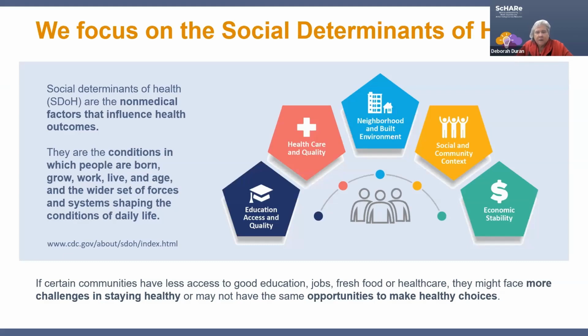So those are our community context. And then economic stability. And this is basically job rates and income of a neighborhood. So we try to understand and study these kinds of things in order to understand their impacts on our health behavior and our ability to make healthy choices.